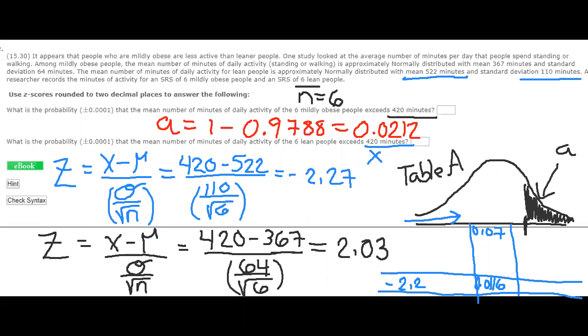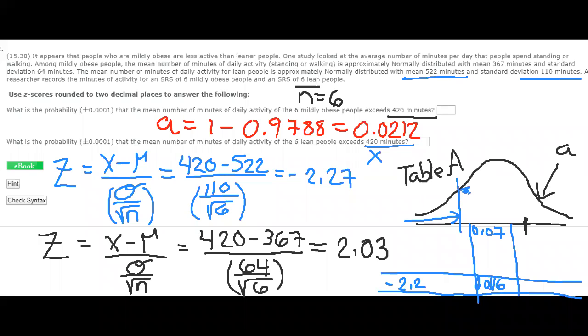But again, this is the area leading up to, which now in this problem is, there we go. We are looking for, what's the probability that the mean number of minutes of daily activity of the 6 lean people exceeds 420.